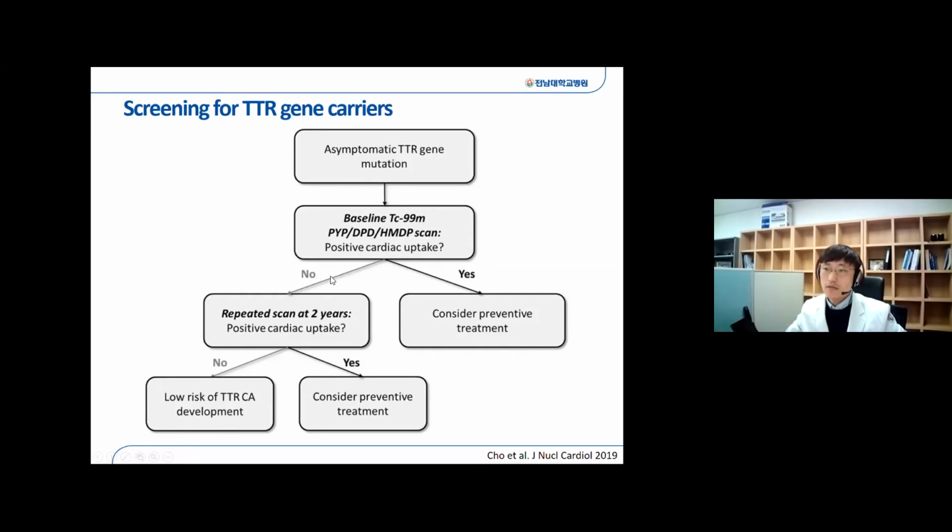And even if the scan is negative, we should do the repeated scan at 2 years. Then if the scan is positive, we can also consider preventive treatment. But if the scan is negative on the follow-up 2-year scan, then we can suggest that this patient has low risk of cardiac amyloidosis development within a short period of time.